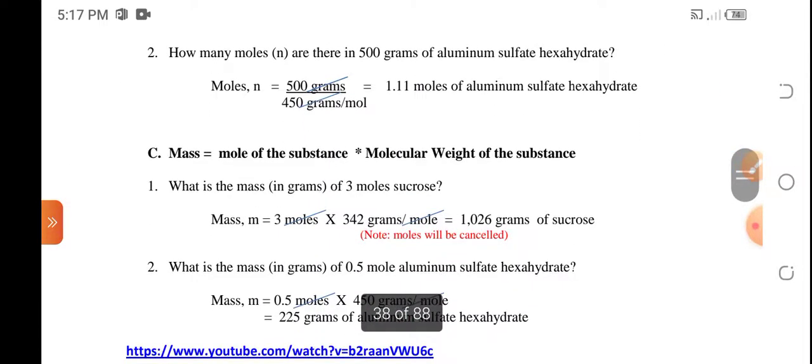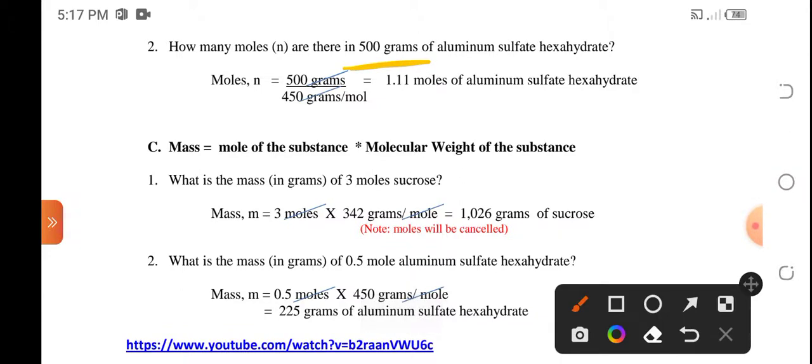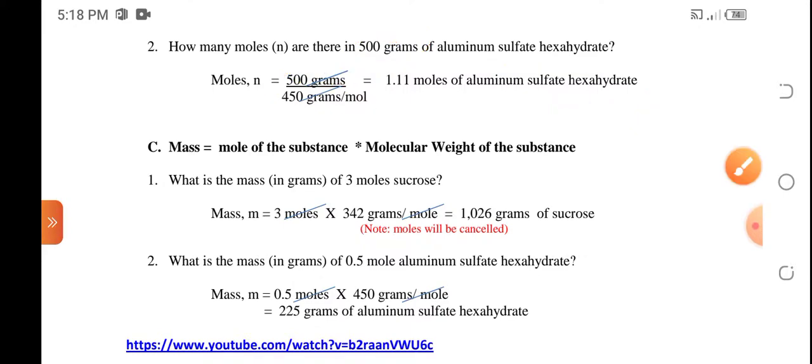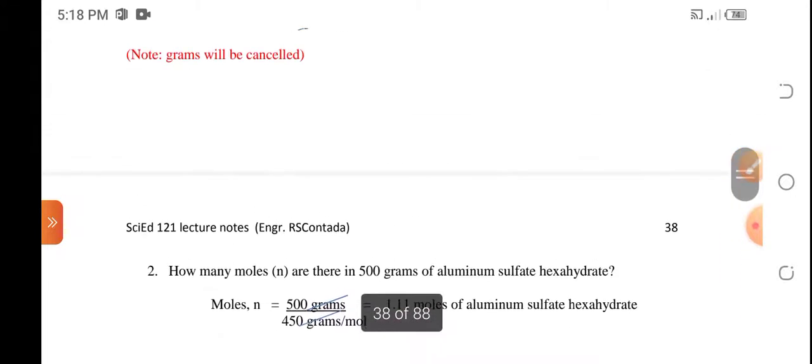Another example. So, how many moles are there in 500 grams of aluminum sulfate hexahydrate? So, again, moles can be computed by mass over molecular weight. So, the mass is 500 grams. Divide this by 450 grams per mole. Saan natin nakuha ulit yung 450 grams per mole ng aluminum sulfate hexahydrate?